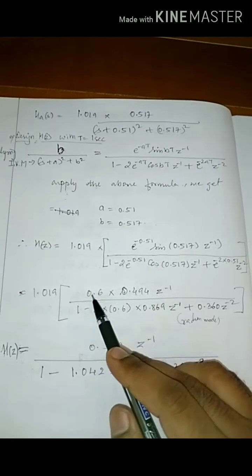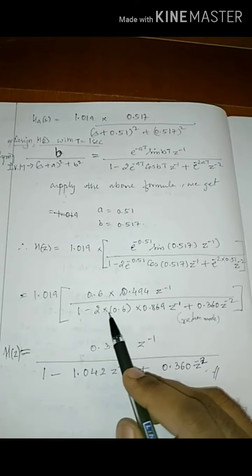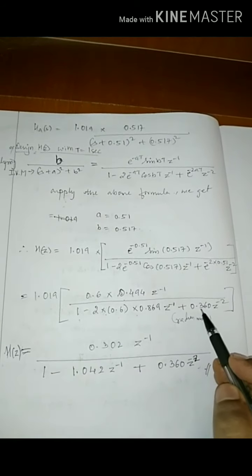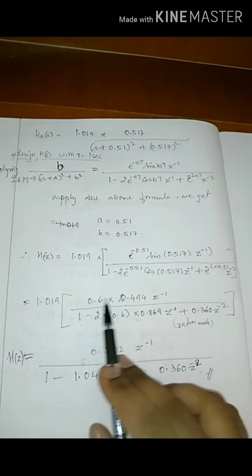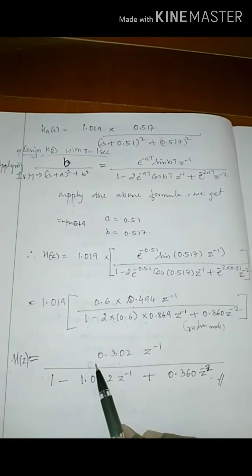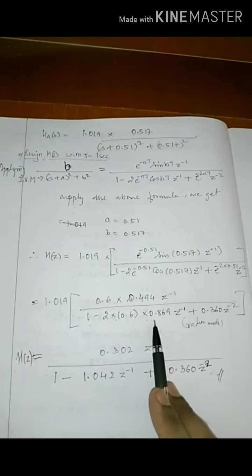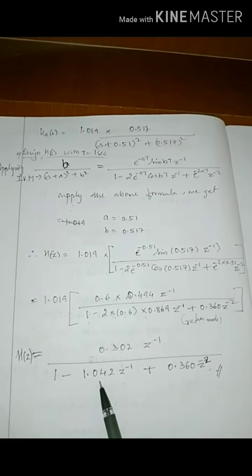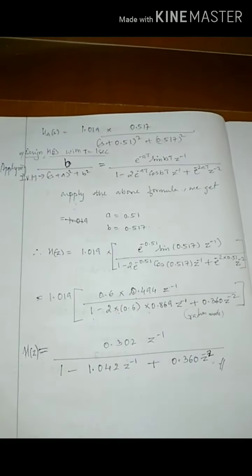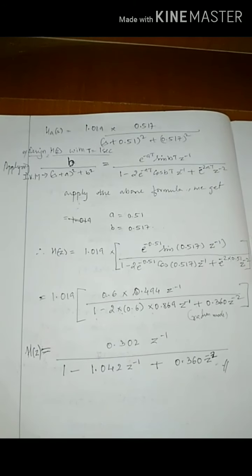So you get the answer as 0.6 into 0.494 z raised to minus 1 over 1 minus 2 into 0.6 into 0.869 plus 0.360. Multiply 1.019 into 0.6 into 0.494, you get 0.302. The denominator is 1 minus this whole expression, 1.042 z raised to minus 1 plus 0.360. So this is how we have to solve the problem for the impulse invariance method technique. Thank you.